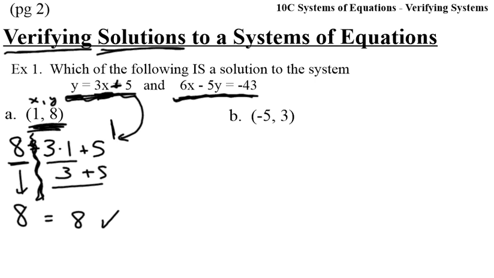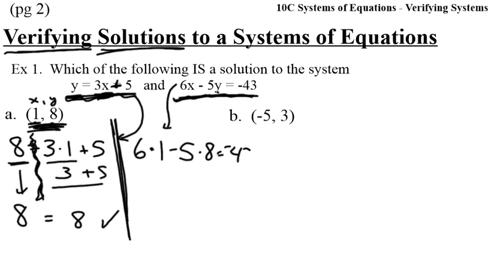So I need to now verify the 6x minus 5y equals negative 43. I'm going to plug the 1 in for x again. 6 times 1, because that's what we think x is, subtract 5 times y. Well, we believe y is 8, and we want it to equal negative 43.